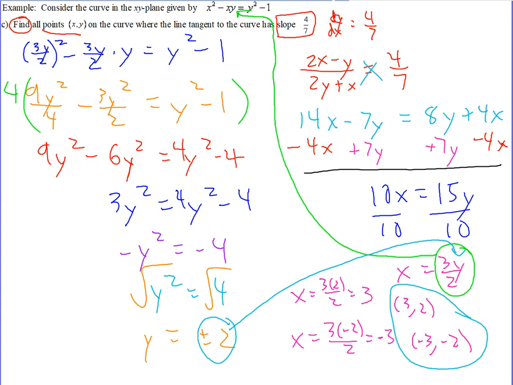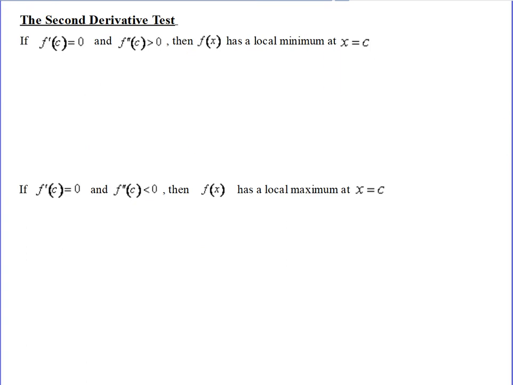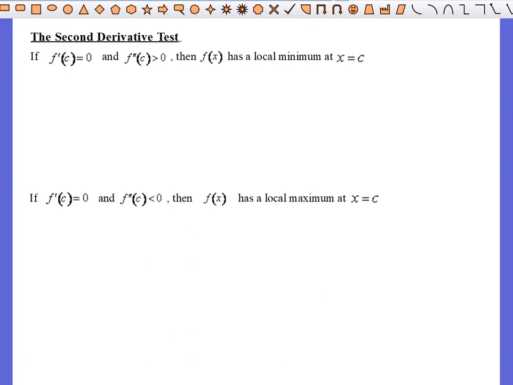All right, now let's take a look at the second derivative test, which often shows up on these implicit differentiation problems. Let's first review the first derivative test, which is the most common way we find our local mins and maxes. Remember the first derivative test?